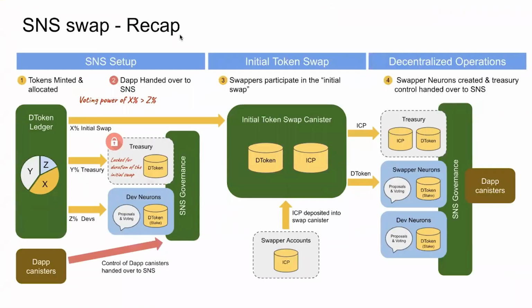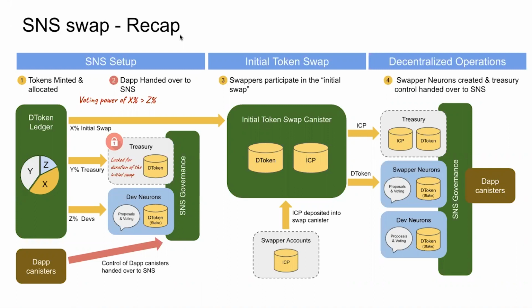I'm going to quickly recap, and then we can go over to questions maybe. So to recap, there are 3 phases to this transition. There's the SNS setup, a swap period, and then decentralized operations afterwards.